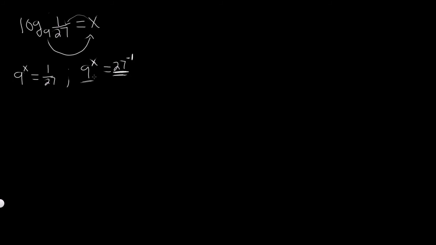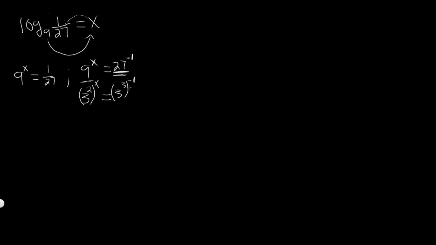But I do see that maybe we could do 3. If we tried that, we could write 3 squared is 9 and 3 cubed is 27. So that'll work. So we can rewrite 9 as 3 squared. Don't forget the x power. And then it is equal to 3 cubed, and don't forget the negative 1.